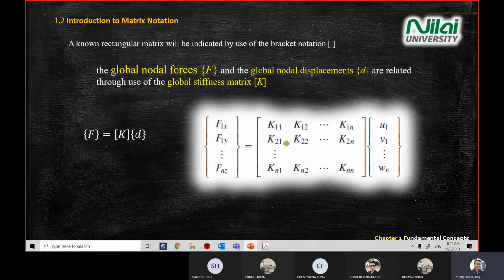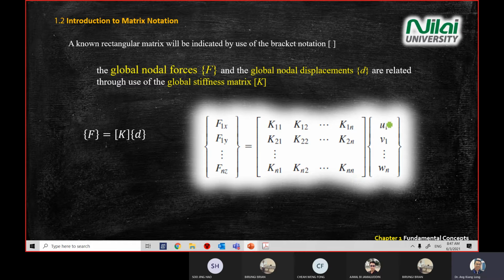Okay, so this is a very jumbo size matrix. Just now we introduced the force in a matrix form. You can write in a column form, F1x, F1y, and so on until the last force. K is in matrix form, where you can have K11, K12, until KNN.